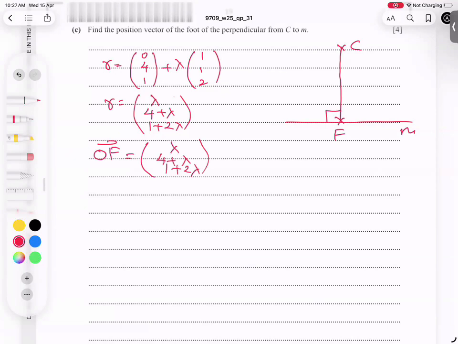So this is the OF, and now I'm looking for the CF vector. How to get the CF vector? CF vector is OF minus OC. Here I copy the OF vector and paste it here, and minus OC, and here I'll get the answer.